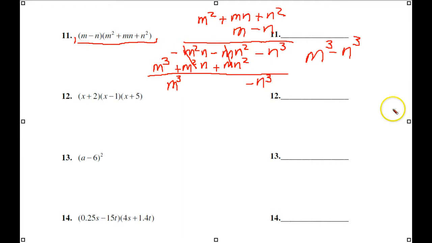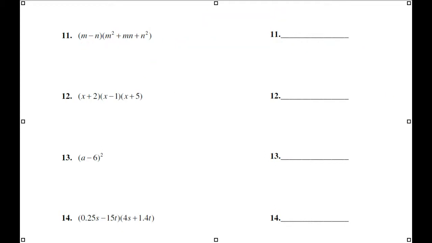Okay, let's take a look at strategy now. For example, 12. Now, what's your strategy here for doing this? Well, I would think you'd want to FOIL these first two. So let's do that. X times x will give me x squared.